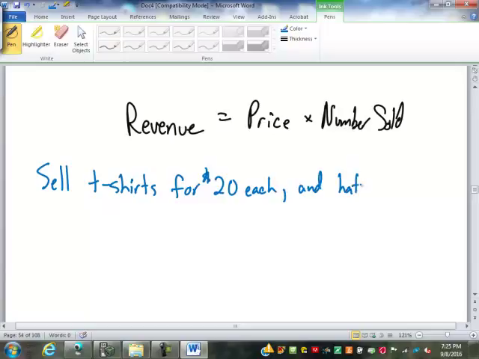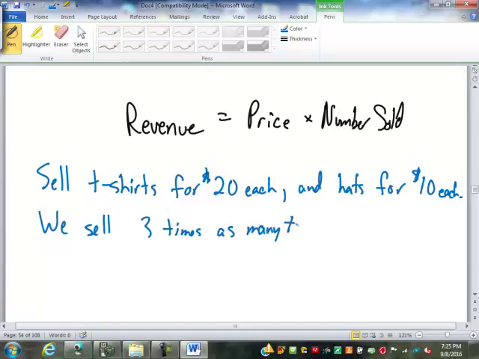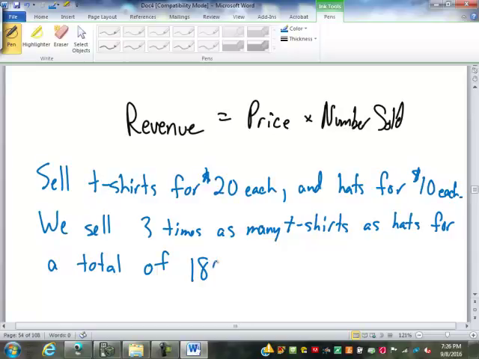and hats for $10 each. We sell 3 times as many t-shirts as hats for a total of, let's see here, $1,800.